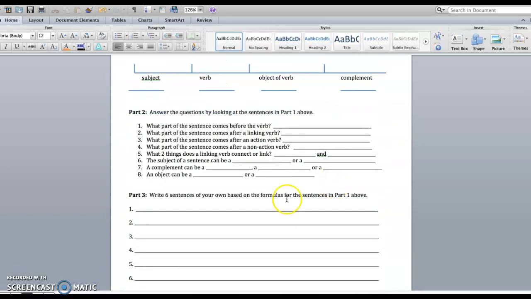So for example, in number 1, you could write, I don't know, non-action verb might be think. So I could say, for example, our students belong, or no, I'm trying to think.